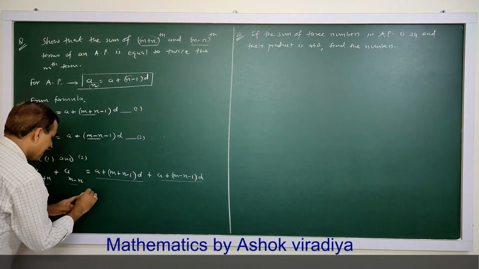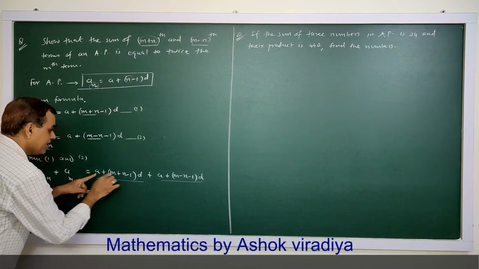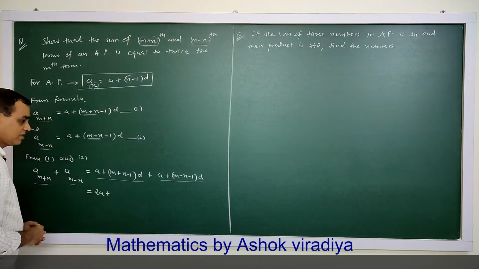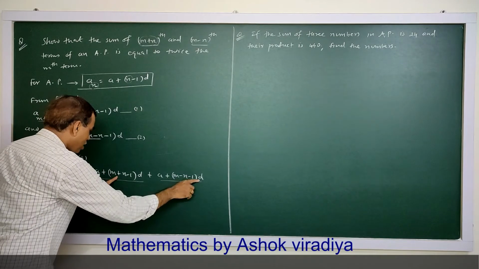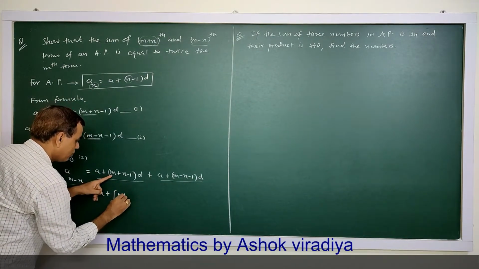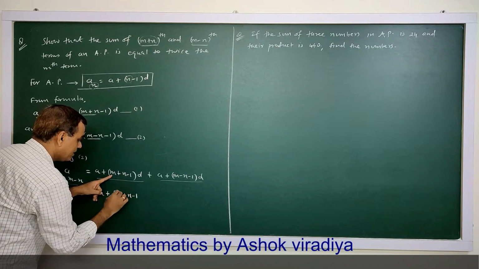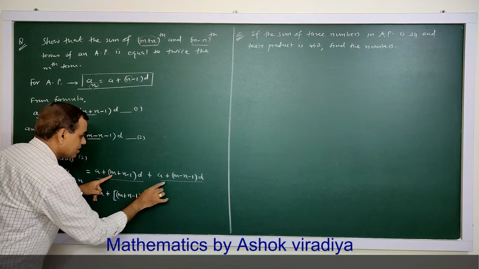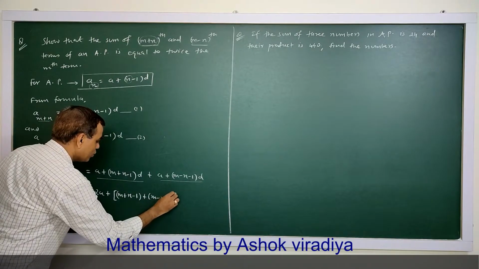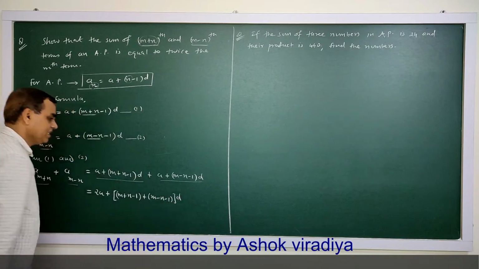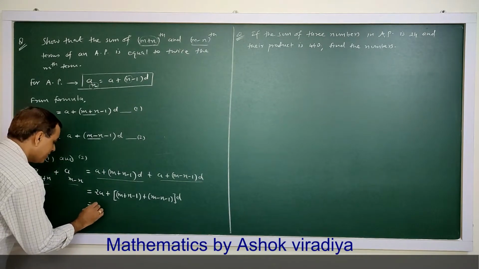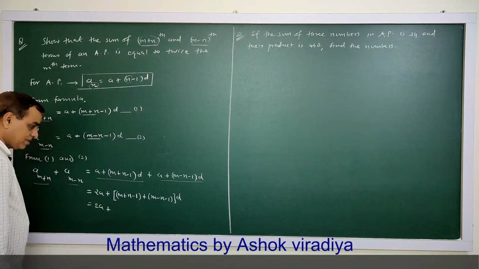So taking addition of these numbers, a plus a is 2a plus, here d is common, so taking d common, we have m plus n minus 1 plus m minus n minus 1 times d. So this is 2a plus.